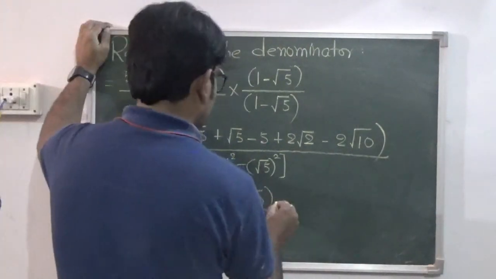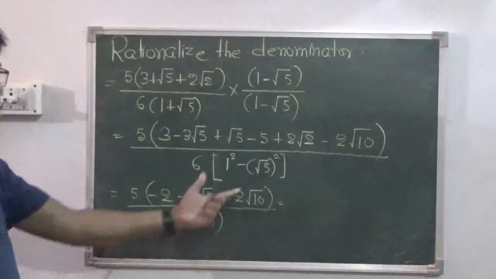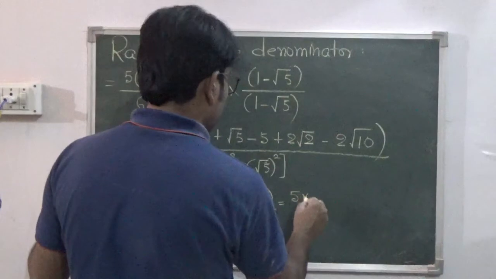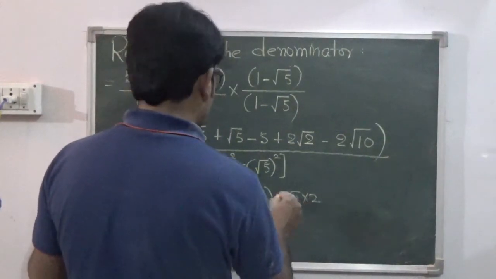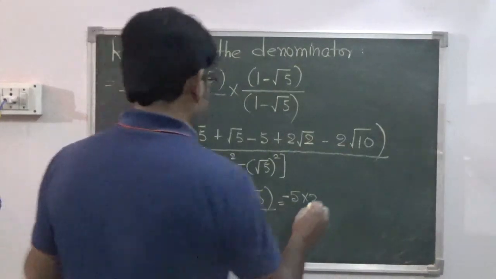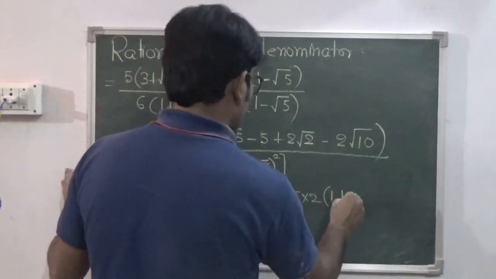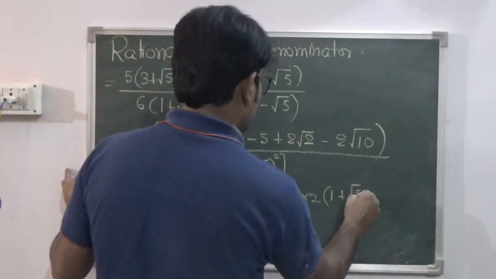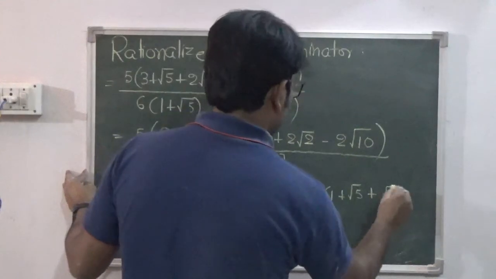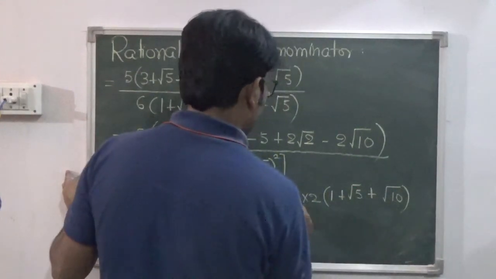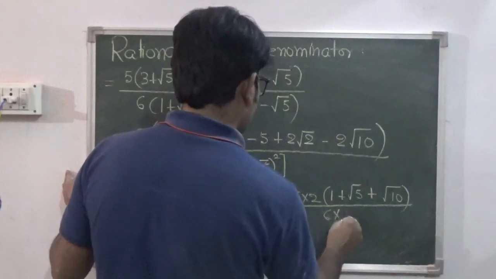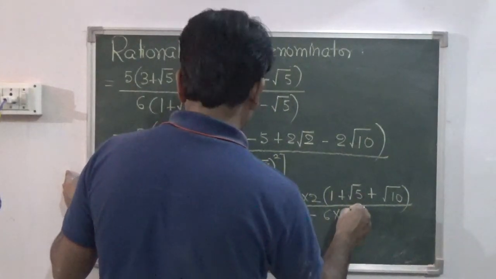So if we take 2 common from the numerator, what we will get is 5 into 2, and we take another minus common. So minus common, we will be left with 1 plus root 5 plus root 10 divided by 6 into, that is minus 6 into 4.